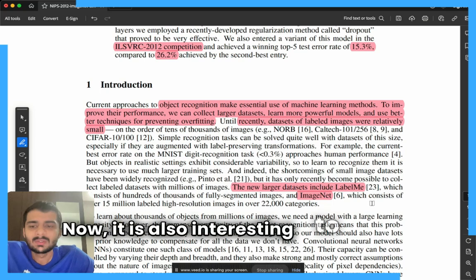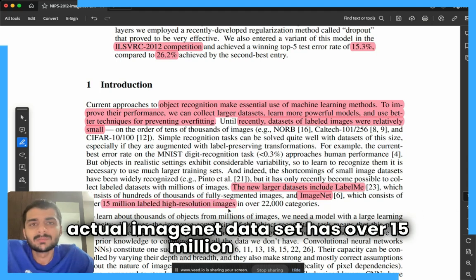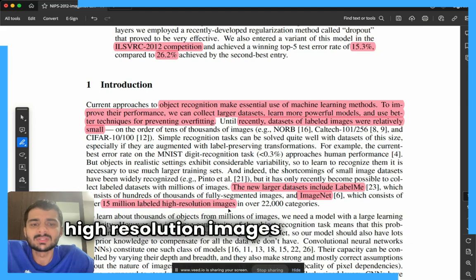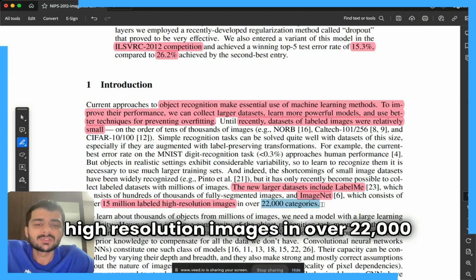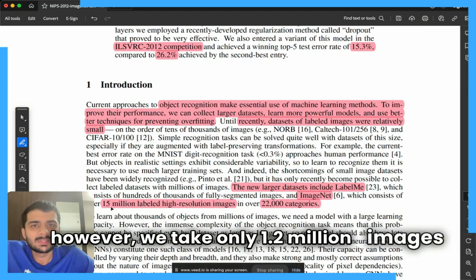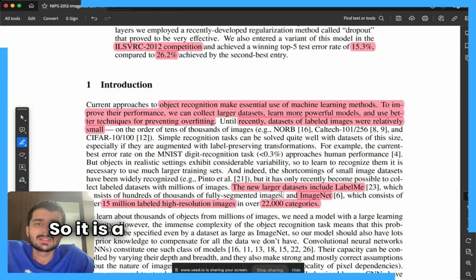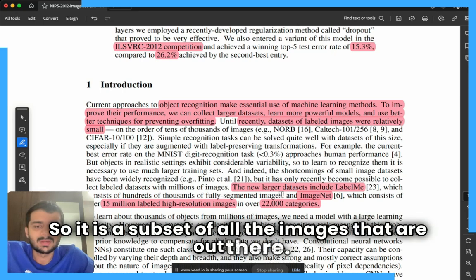Now, it is also interesting to know that the actual ImageNet dataset has over 15 million labeled high resolution images in over 22,000 categories. In the ImageNet large scale visual recognition challenge, however, we take only 1.2 million images and only 1,000 classes. So it is a subset of all the images that are out there.